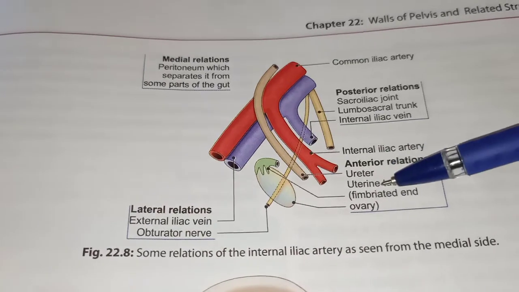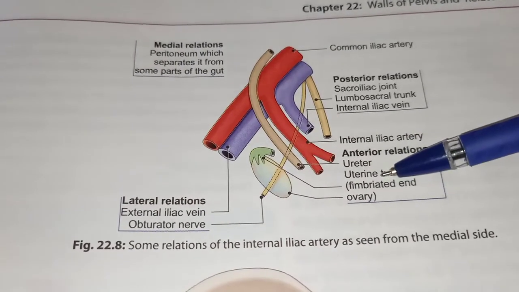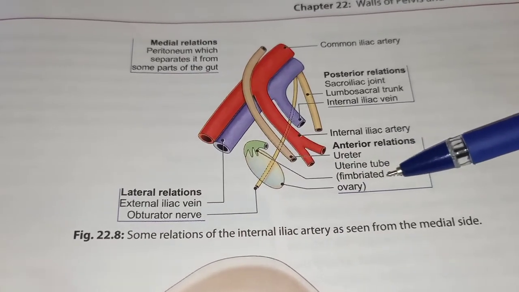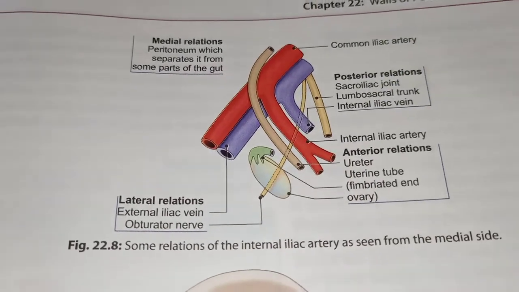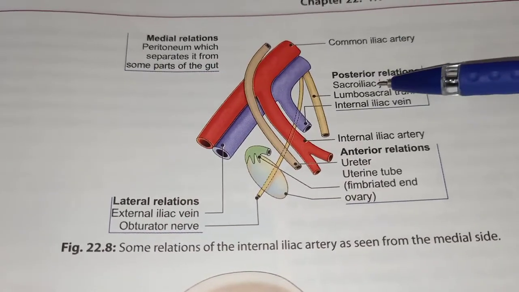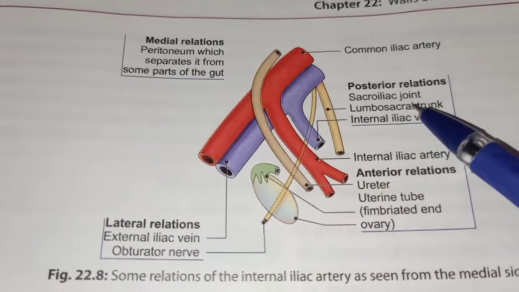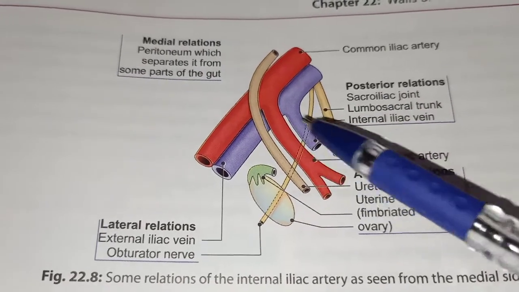Okay, so anteriorly the ureters, which is coming from the kidneys down, the uterine tubes, and the fimbriated end of ovary. The posterior relation, because the internal iliac is going down in front of the SI joint, so obviously this forms the posterior relation of the internal iliac.